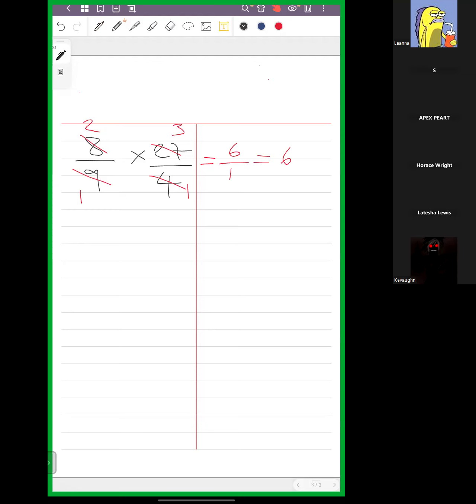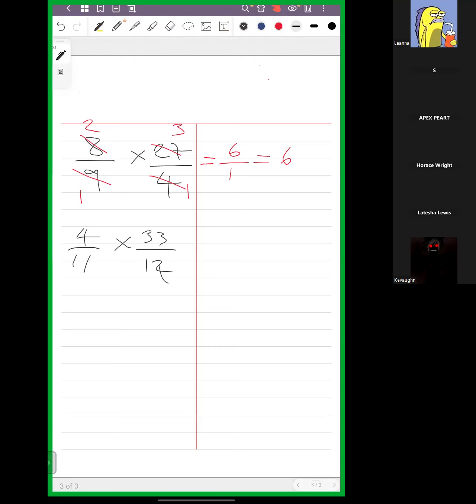Let's say we end up with something like 4 over 11 multiplied by 33 over 12. And I don't want to use 33 over 12 because something can go into 12 and 33.